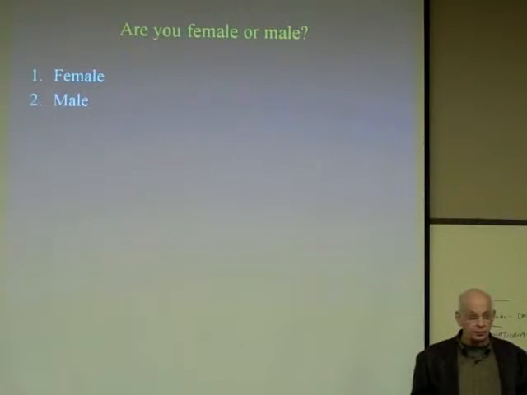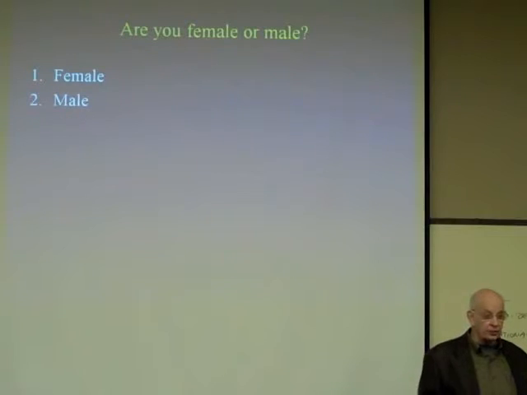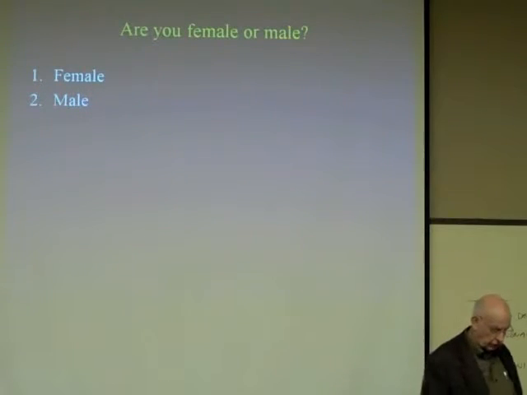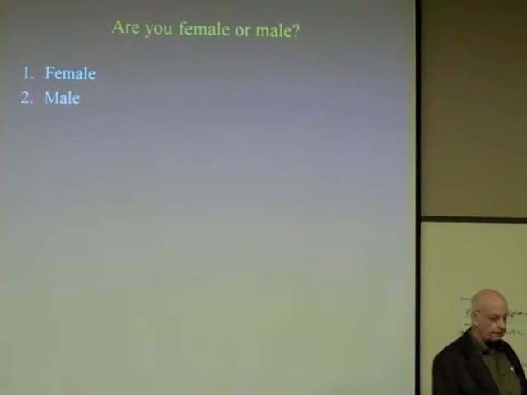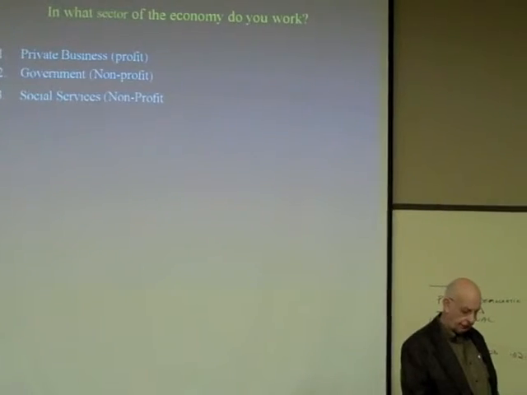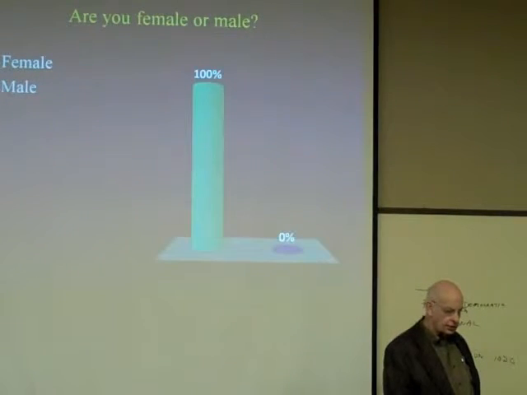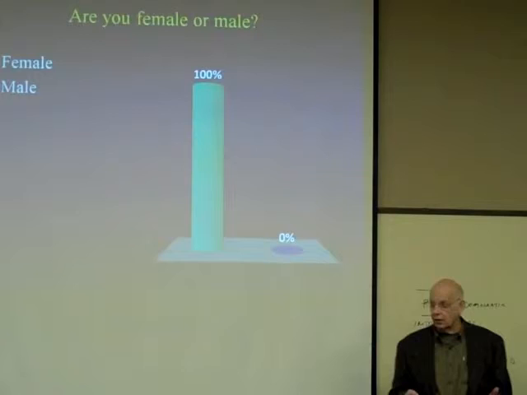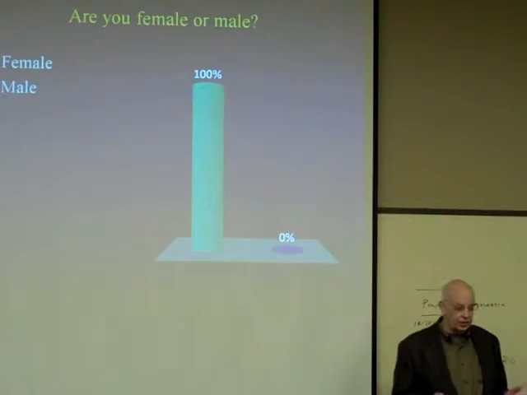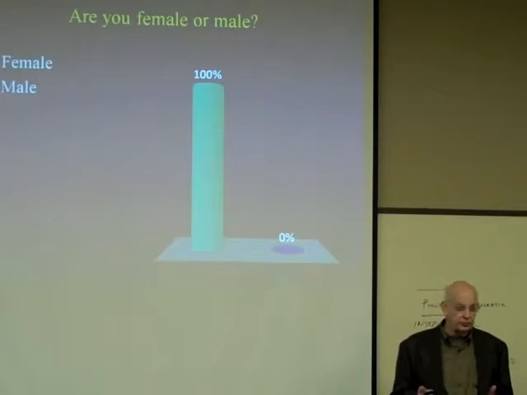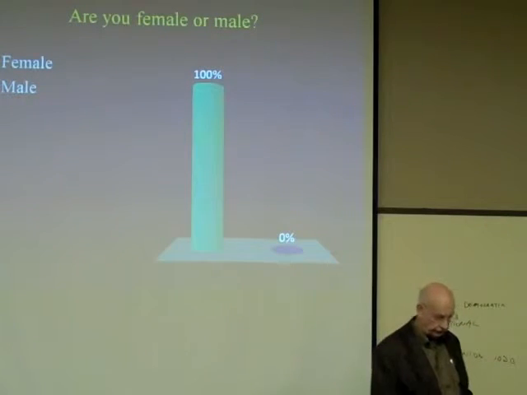I think we have 14. What? You can press it again. It will not record it again. It will only confirm that you've already pressed it once. Okay? 14. There we go. All right. It worked. The answer came back. 100% of you are female. And I would confirm that that was the correct answer.